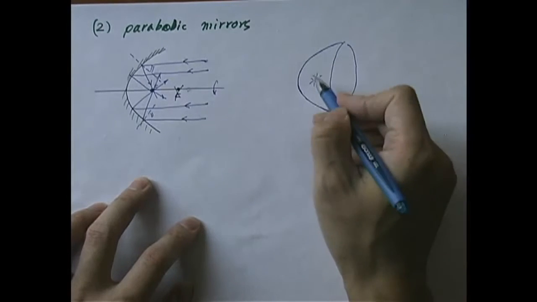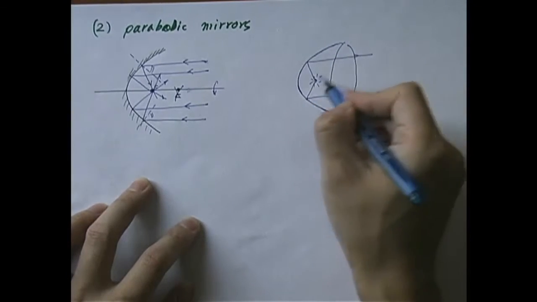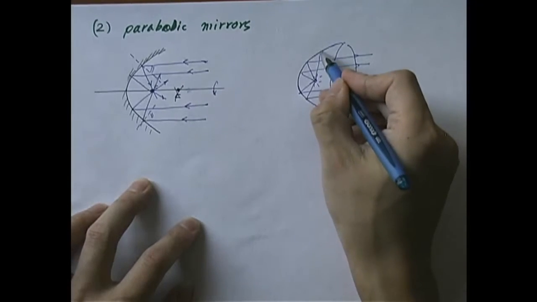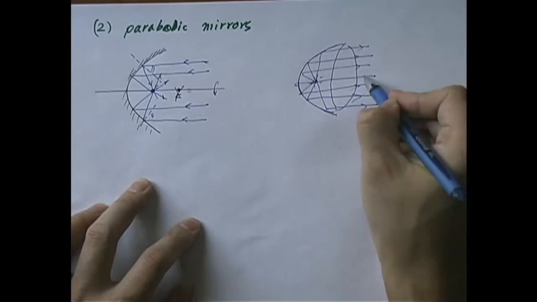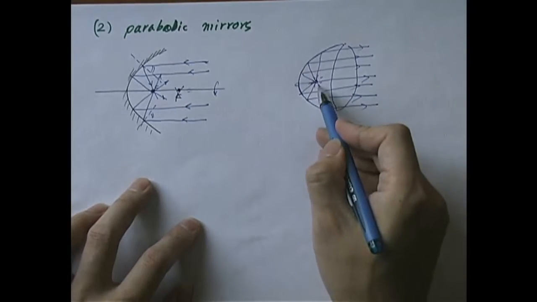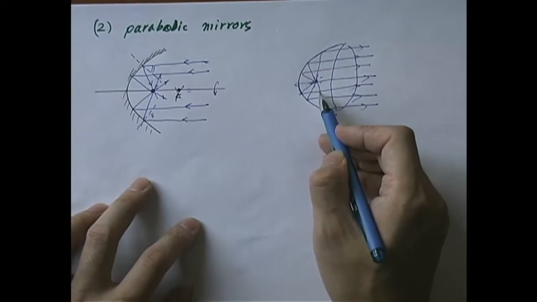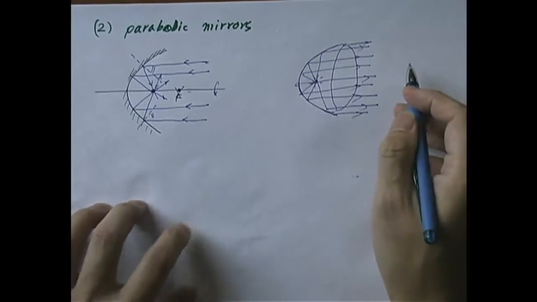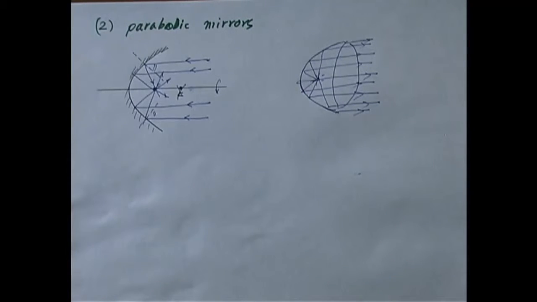And then after getting reflected by the parabolic surface, all these light rays will become parallel. So you shoot out parallel like this. That's how you change a light source casting light in all directions to a light source producing light in only one direction, that is the headlight of a car. Okay, so that's how parabolic mirrors work.